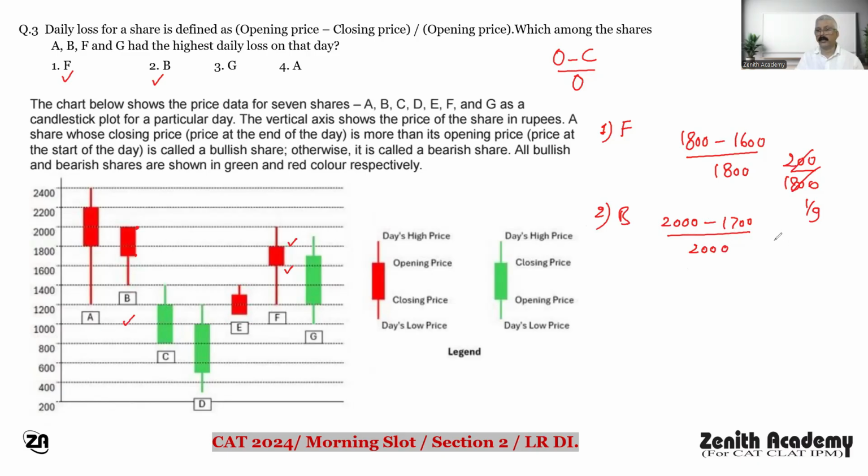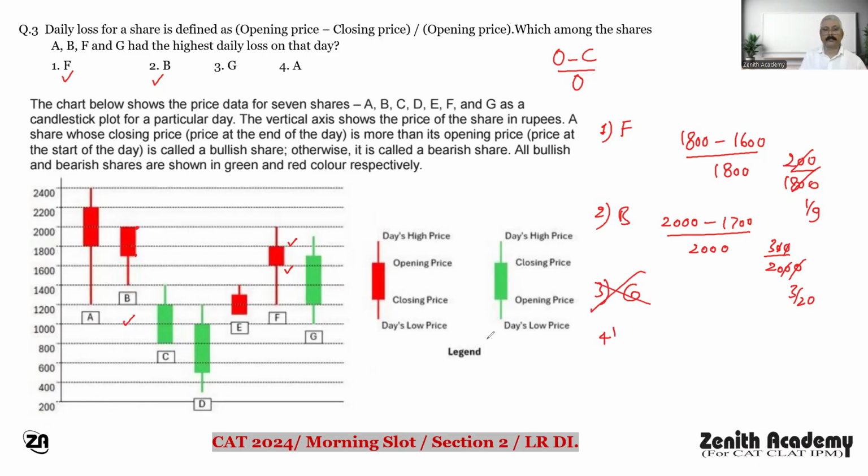So this is 300 upon 2000, means 3 by 20. Option 3 is G. G is a green candle, so no matter of loss. So directly we can discard this option.